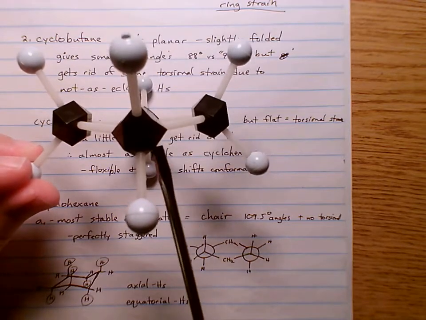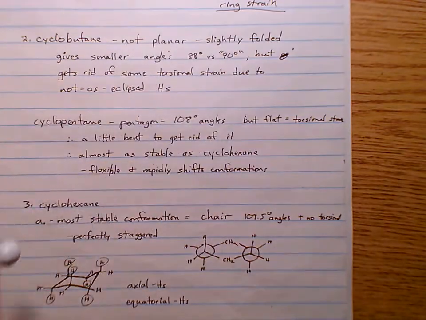A little bit of bending in here. But cyclobutane has a lot of ring strain also, due to lots of torsional strain, due to the eclipsing hydrogens, and lots of angle strain due to 90 degrees instead of 109.5. All right.